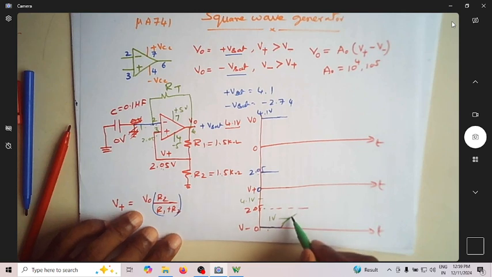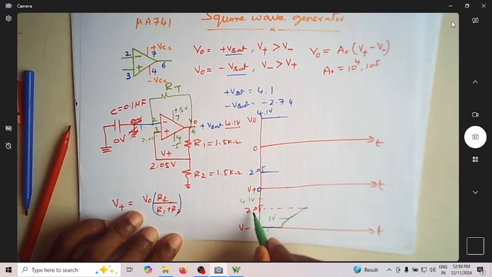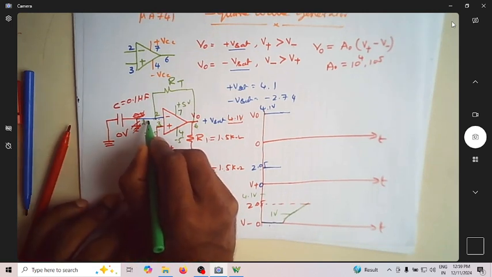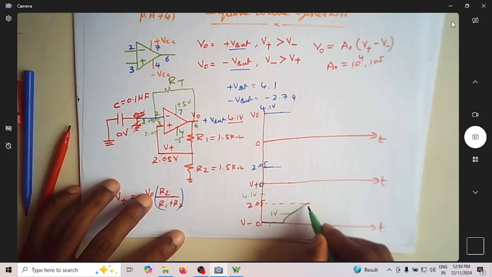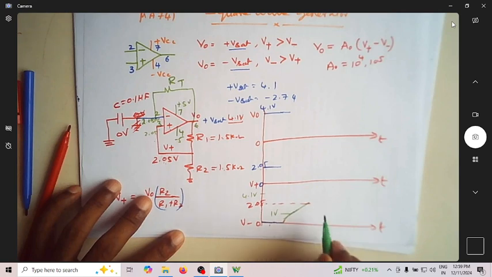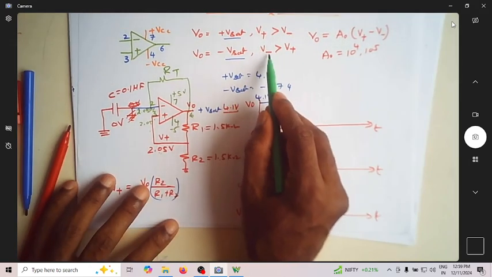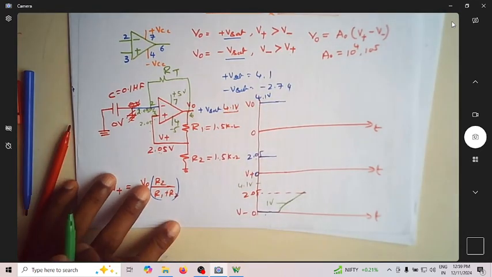Now we know that this keeps on charging. The moment it is slightly greater than 2.05, assume that the voltage has become 2.05001. So when this has slightly gone above 2.05 volt, then V minus becomes more than V plus.